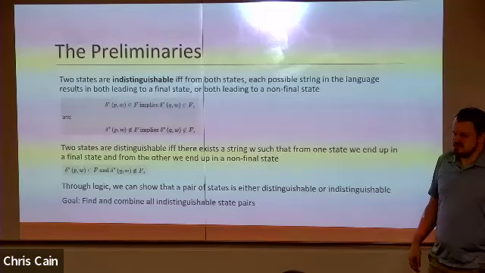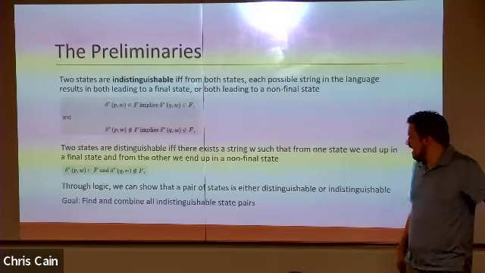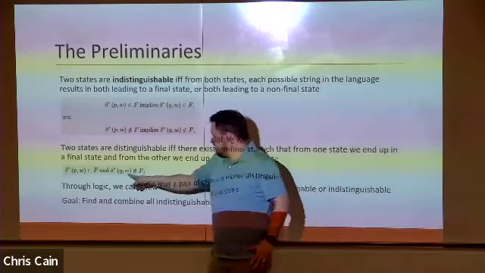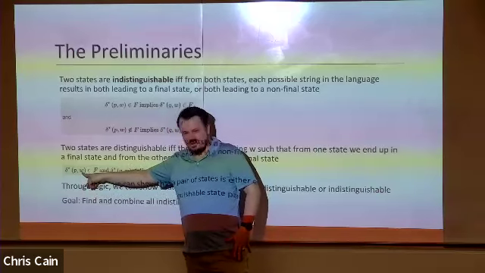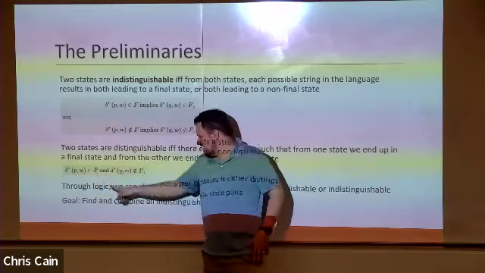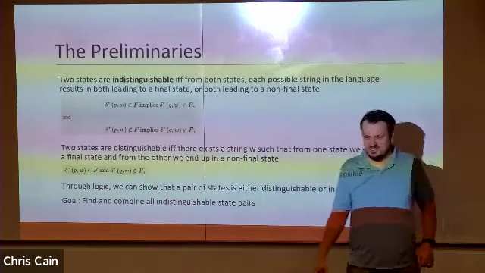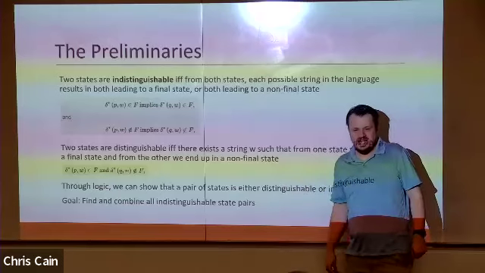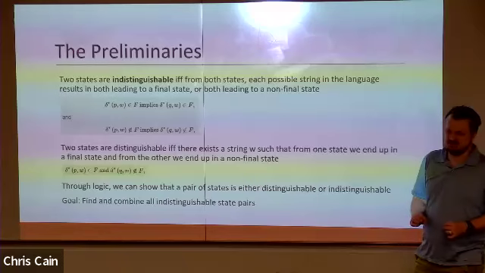On the other hand, distinguishability is proof by example. All you have to do is find one such W such that state P, when applied to that W, leads to a final state, and state Q, when applied to that W, leads to a non-final state. So you just need a single example, and you have shown that that pair of states is distinguishable.